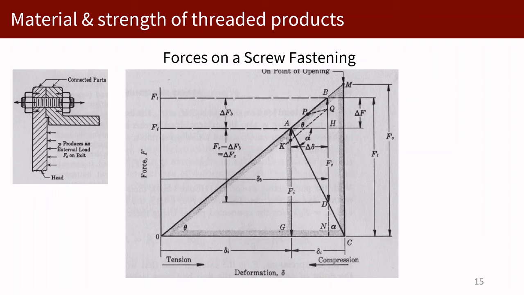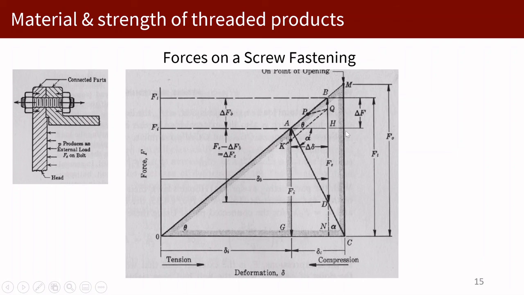Okay, so the first one is when we have applied the initial tightening force up to point A. So there is a corresponding tensional deformation in the bolt and compressive deformation in the connected parts.